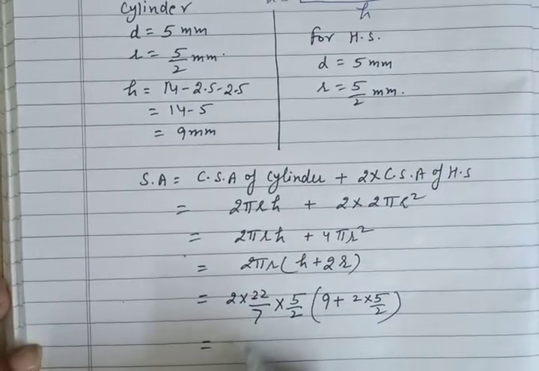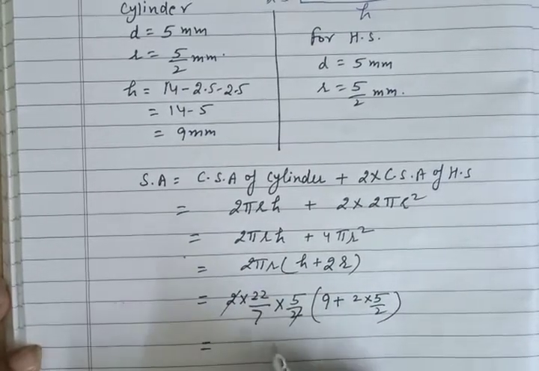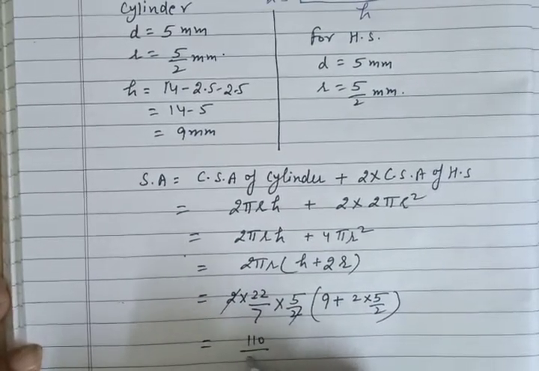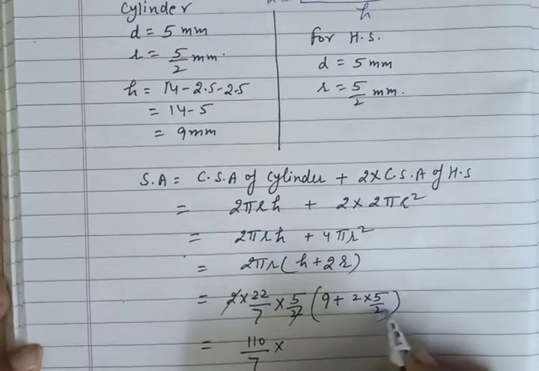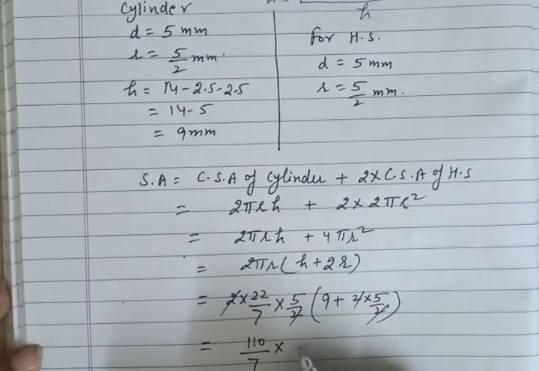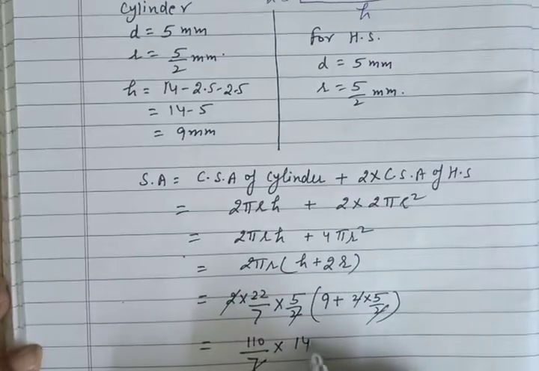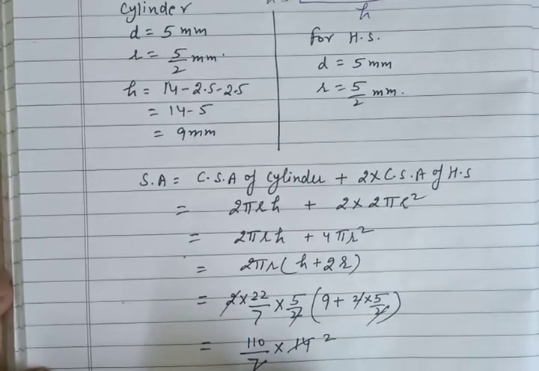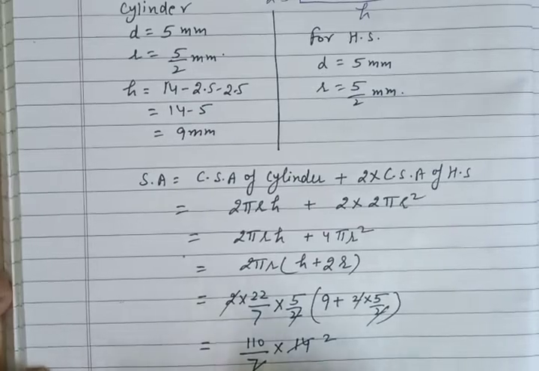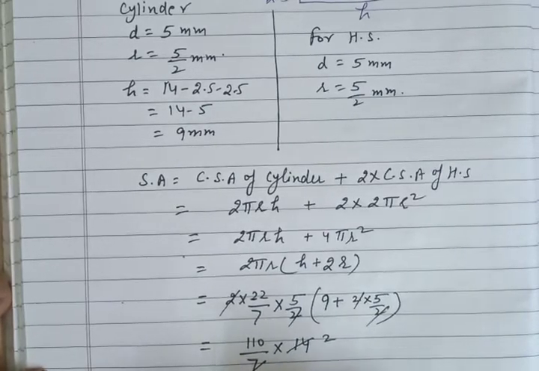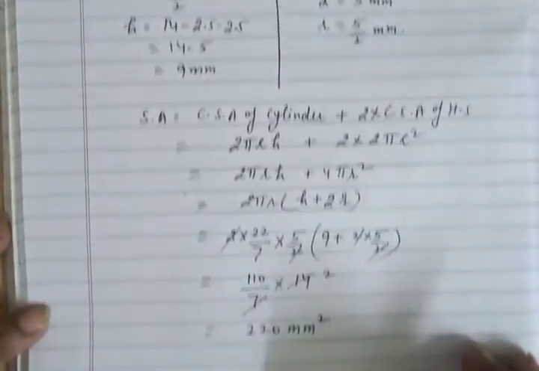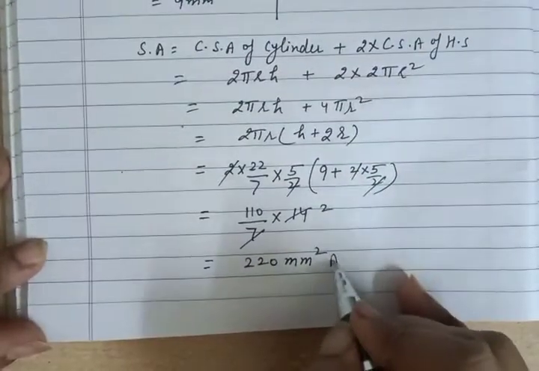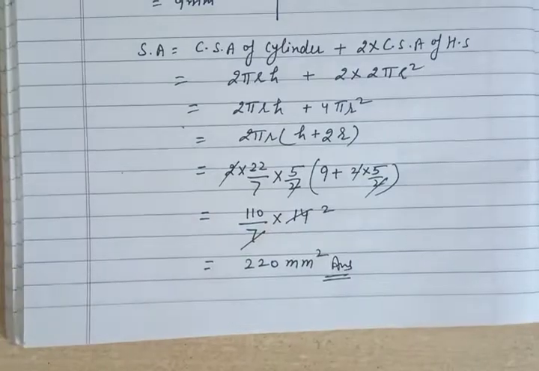This equals, 2 gets cancelled with 2, 110 by 7 into, 2 gets cancelled with 2, 9 plus 5 is 14. 7 twos are 14. So the answer is 220 millimeter square, because it is area.